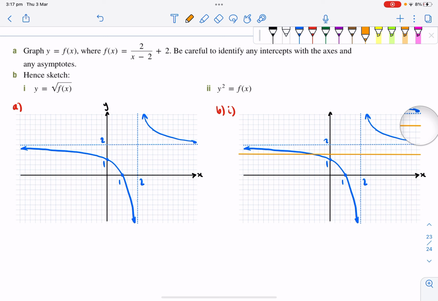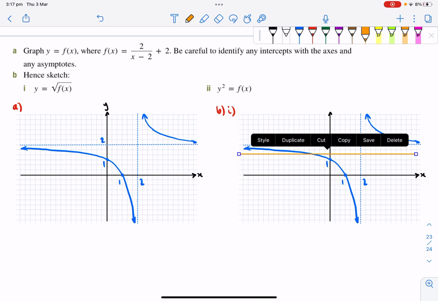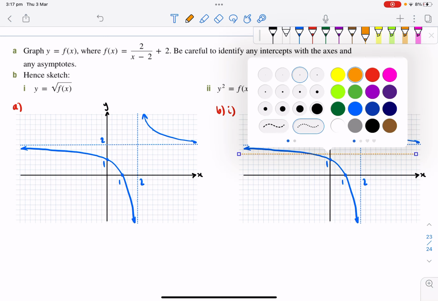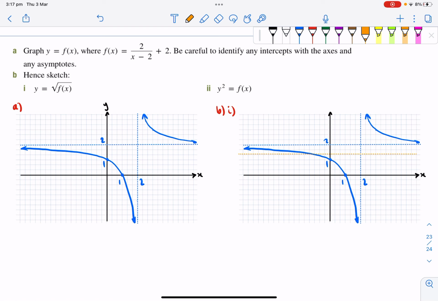So it's very important that you understand that. Even the asymptote gets square rooted. Literally everything. The horizontal asymptote, that is. The vertical asymptote will stay as it is. And then I just do the same sketch. Actually, it's got to be a bit more compressed.